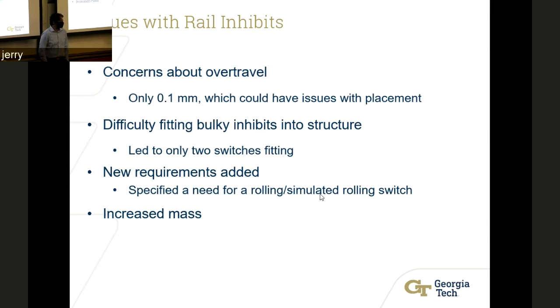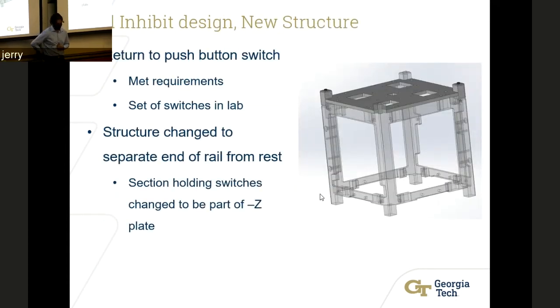Additionally, there was a concern of increased mass to the CubeSat, and then later in the process, we got a new requirement that the switch needed to be a rolling or simulated rolling switch instead of just a pure lever switch. So instead of making a rapid search to find a new switch that worked, and with the difficulty of fitting in these bulky inhibits and altering the design too much, we decided to switch back to the old inhibit switch design, partially because it met the requirements and the switches were in the lab.